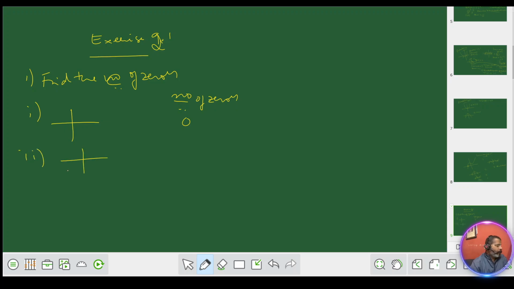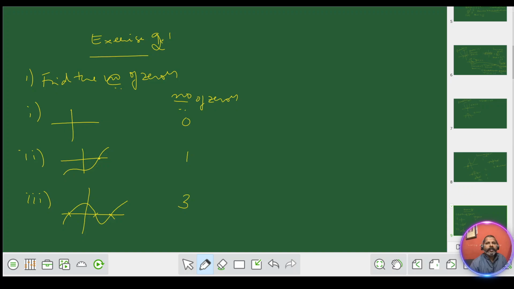Second one, like this. The number of zeros here is 1, because we have one intersect on the x-axis. Let's see the third one. How many intersects has the graph made with the x-axis? 1, 2, 3.